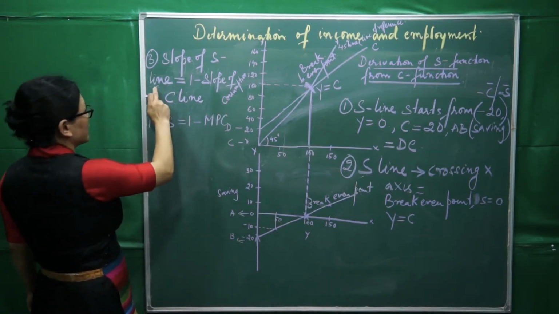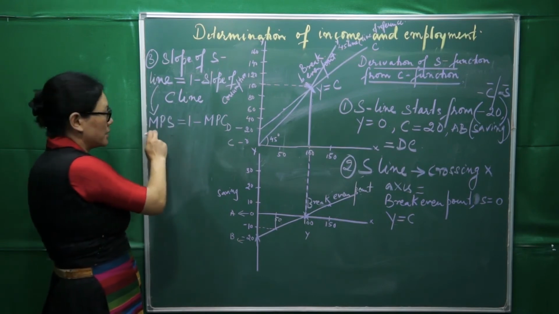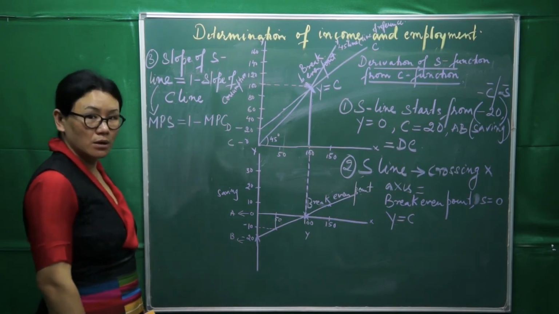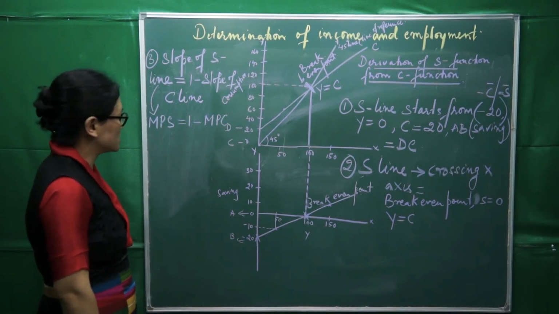This straight line is shown by MPS, so MPS has to be constant. We got constant MPS.